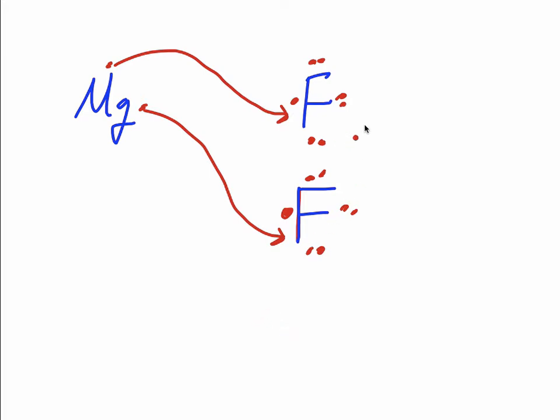So when it's all said and done, the compound will look like this. Magnesium has now lost 2 electrons, so magnesium will be left with a 2 plus charge, and each fluorine has gained 1 electron.